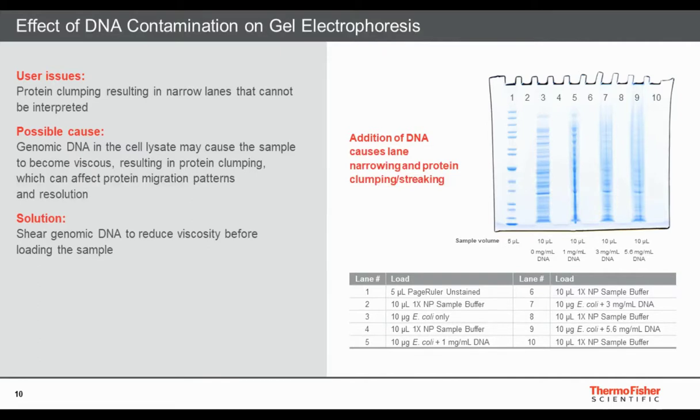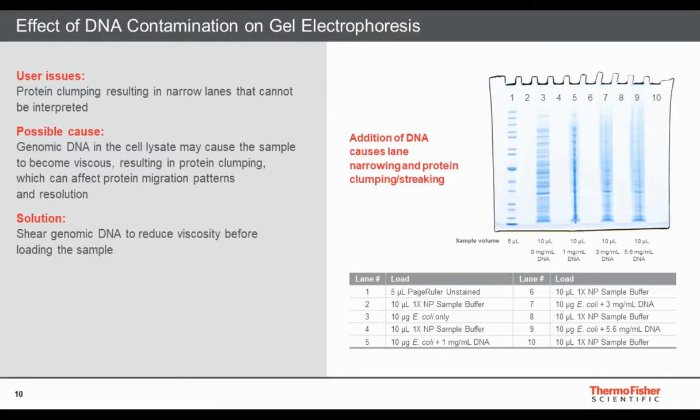Now, DNA contamination can have a significant impact on SDS-PAGE. The gel demonstrates that protein samples contaminated with 1, 3, or 5.6 mg per ml in lanes 5, 7, and 9 respectively cause significant protein clumping, which results in narrowing of the lanes and visible protein streaks during electrophoresis.